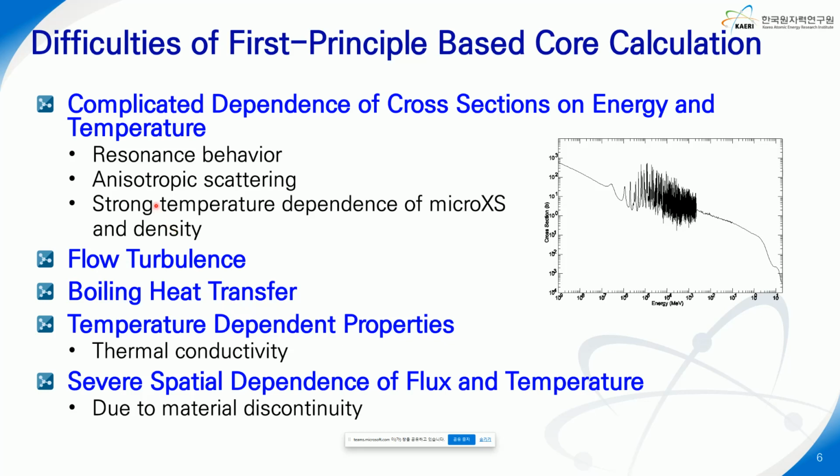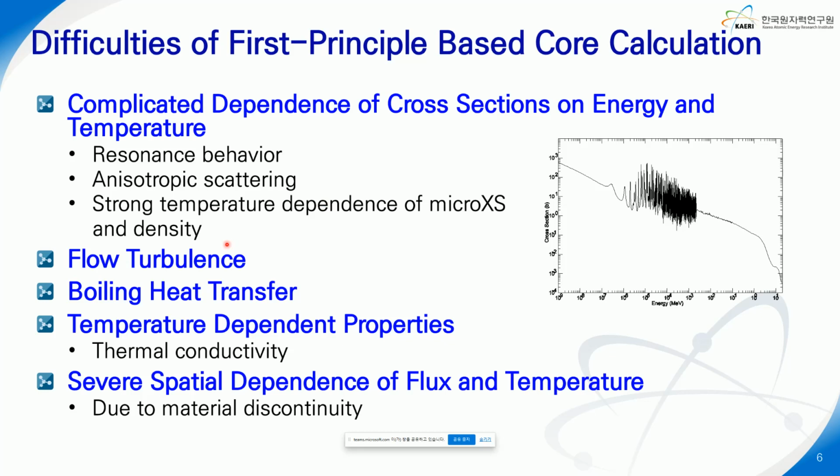The first principle based cost calculation is, however, very difficult because of several reasons. The most important reason is the complicated dependence of cross-sections on energy, as demonstrated here for the resonance behavior.